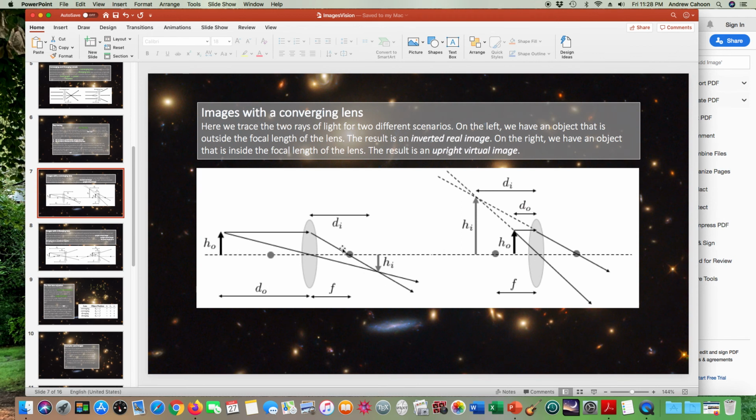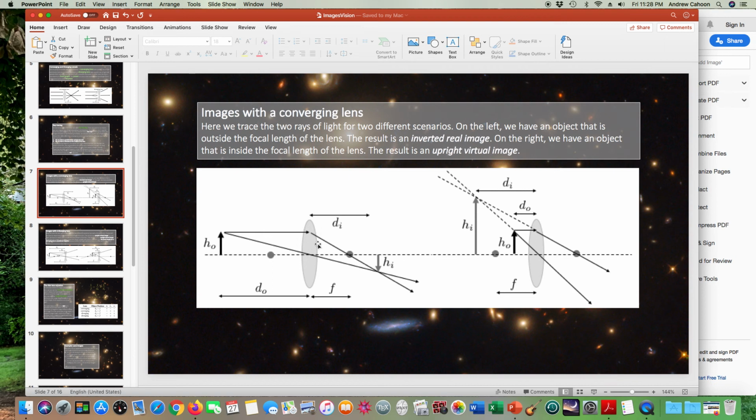All right, so 40 centimeters is the object distance. D_O is the object distance, and it's 40 centimeters in this case. The focal length of this lens is 20 centimeters.